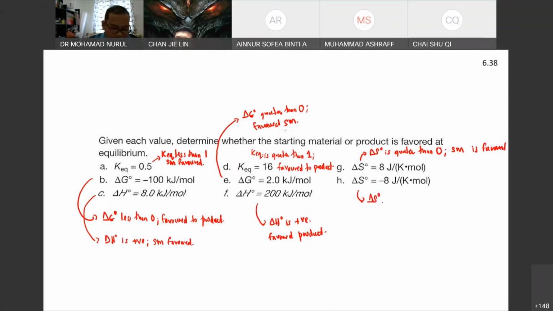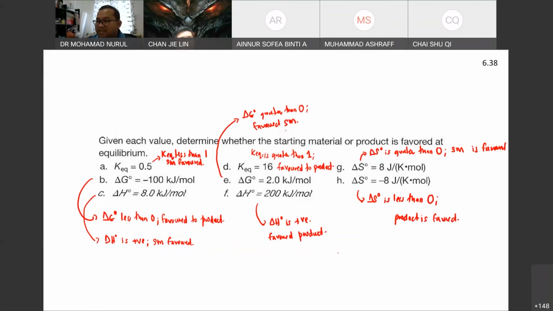Delta S naught less than 0: product is favored.